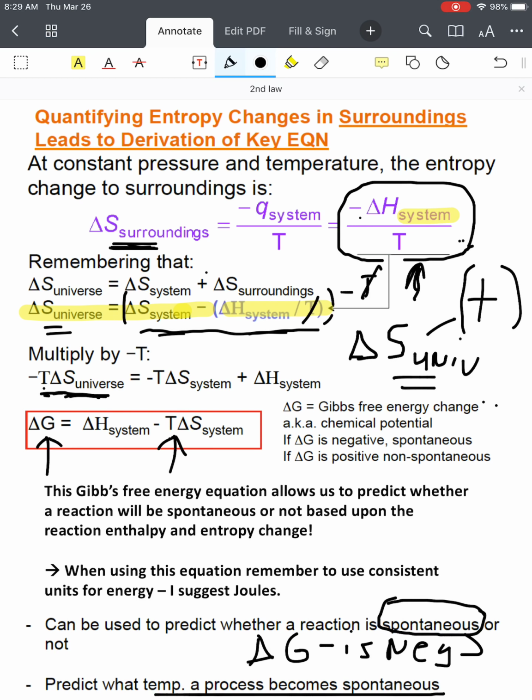Now there's one word of warning for using this equation that I want you to remember. You've got to use consistent units when you're using this for calculations.